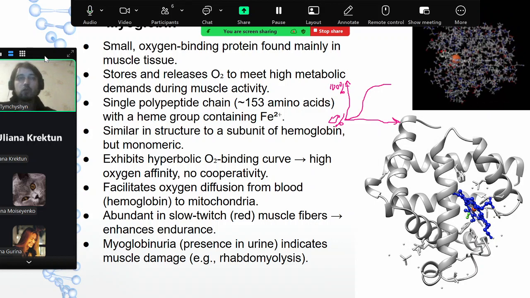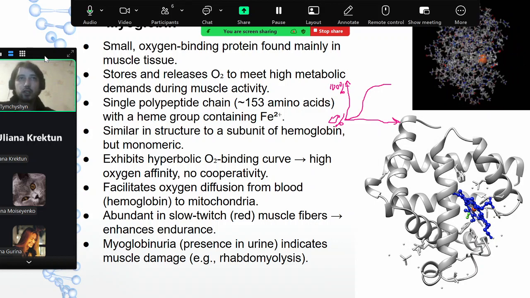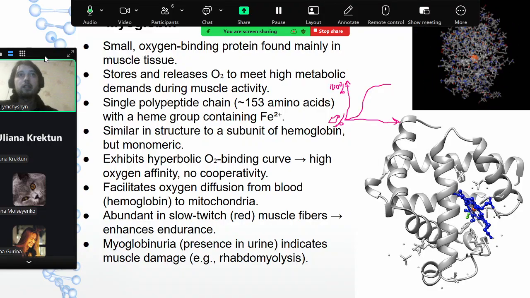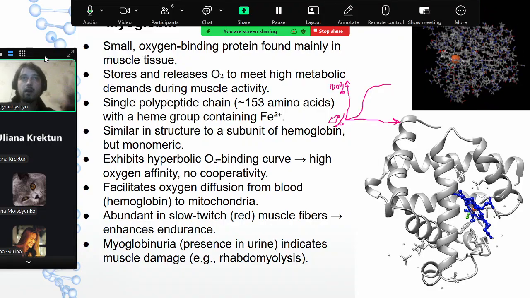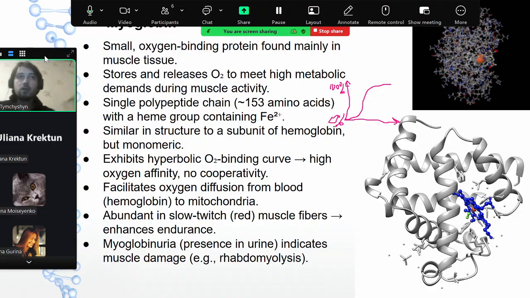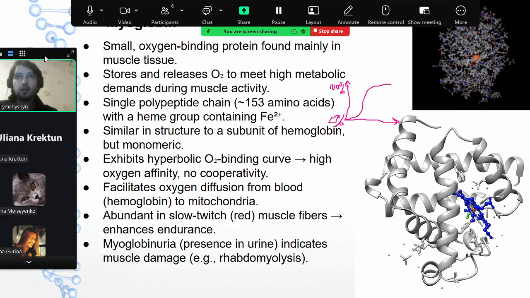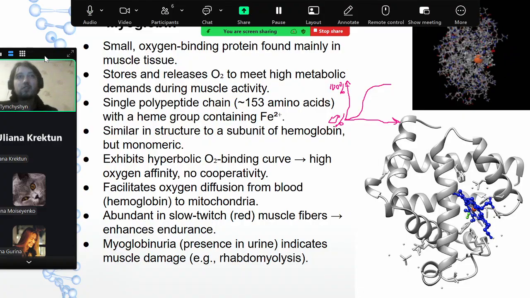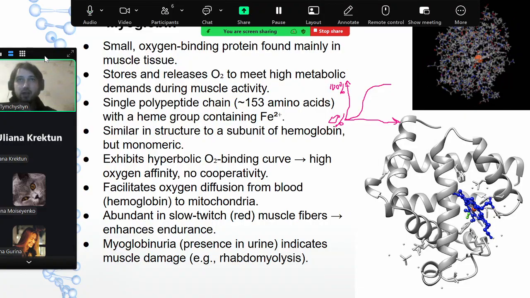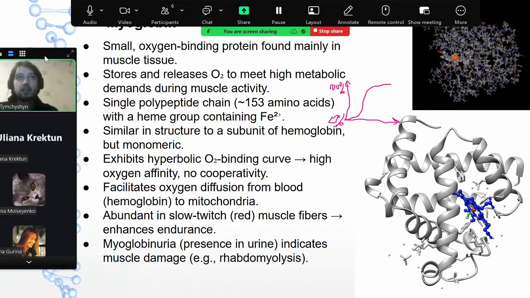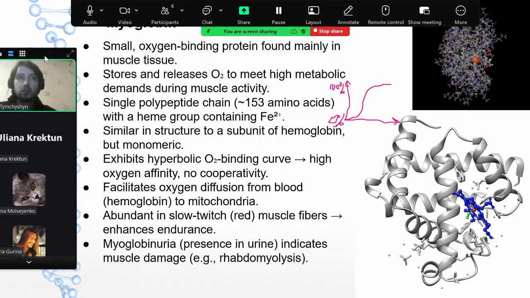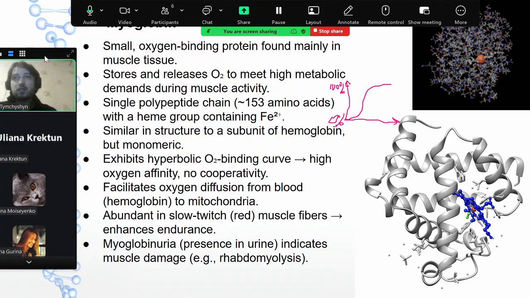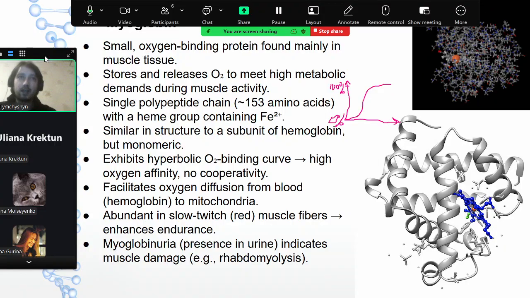When it was bound to one of these subunits, that promoted or increased the probability that other subunits will bind to the oxygen. Here we have only one subunit. There's no one to promote that probability, so it's not physically attached to any other subunits, so of course we cannot expect this sort of effect.